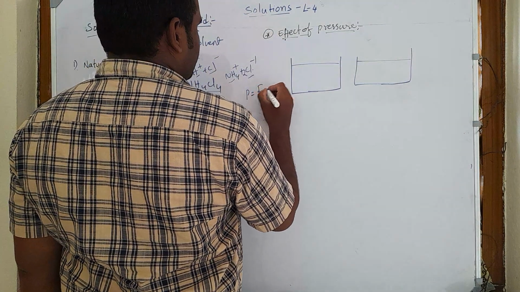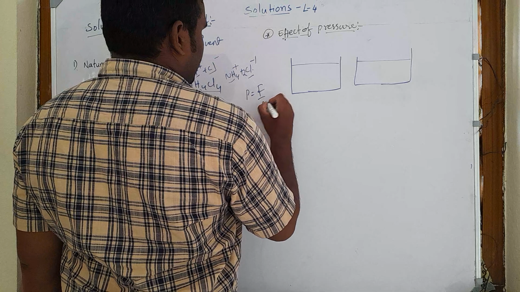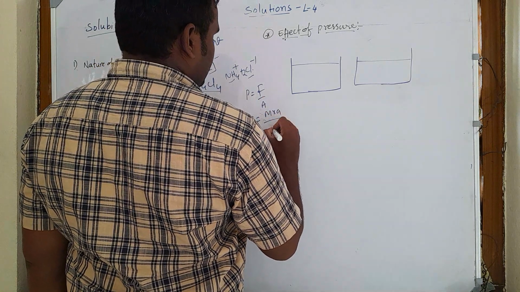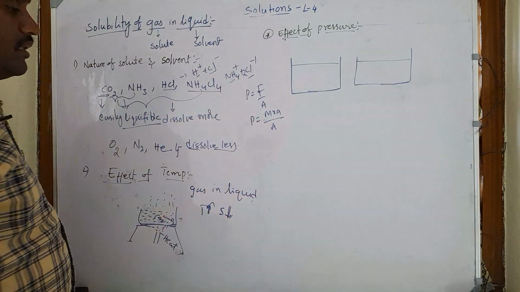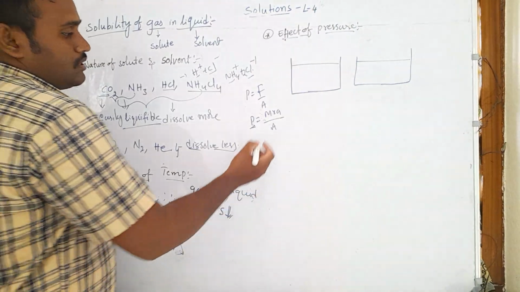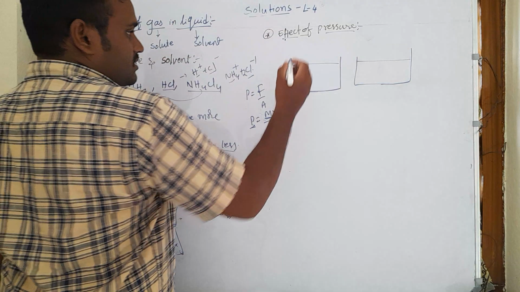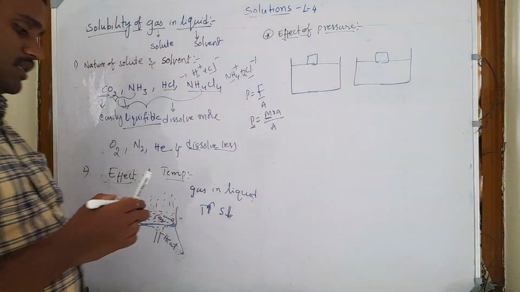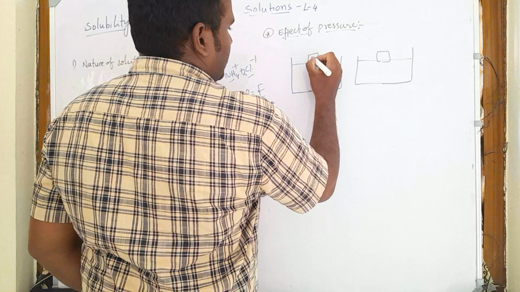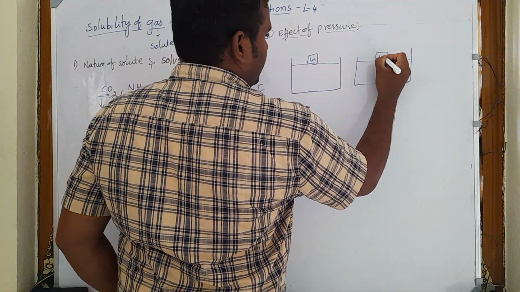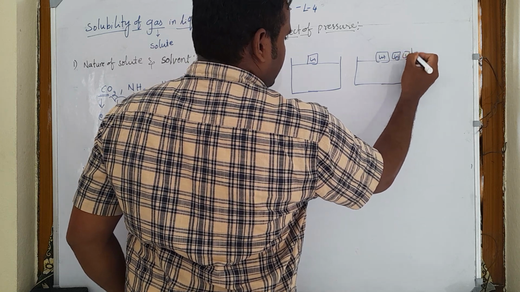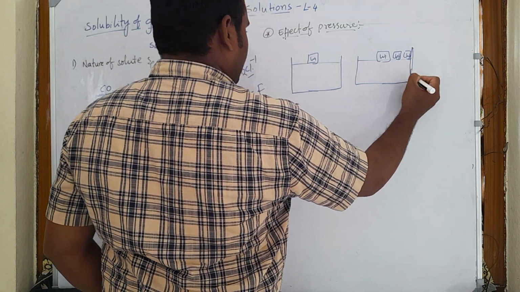Pressure is equal to force by area, and force is mass into acceleration. As weight or mass increases, pressure also increases. Here let us consider weight W1, W1, and W1. Three weights we are keeping here.